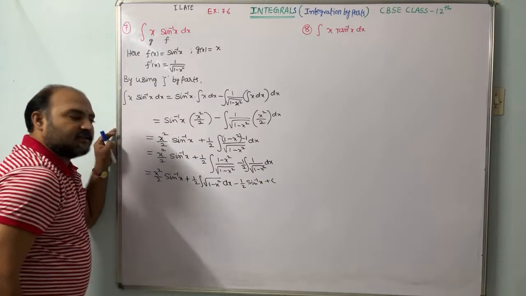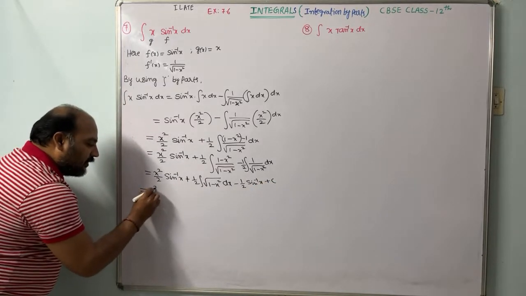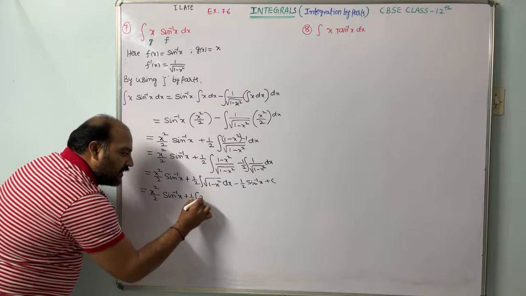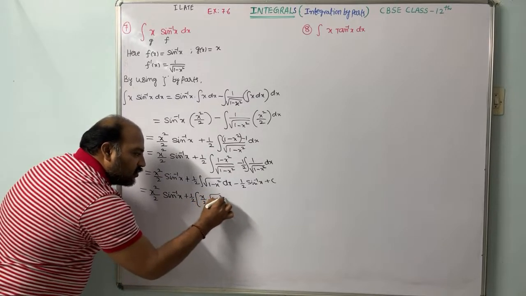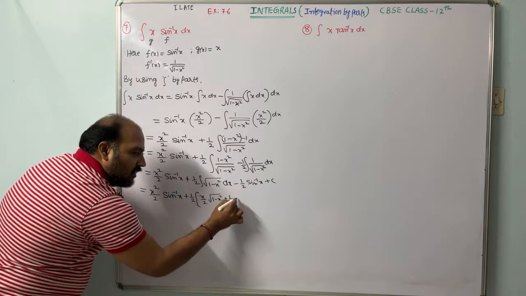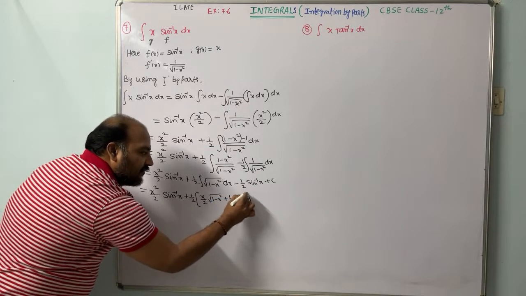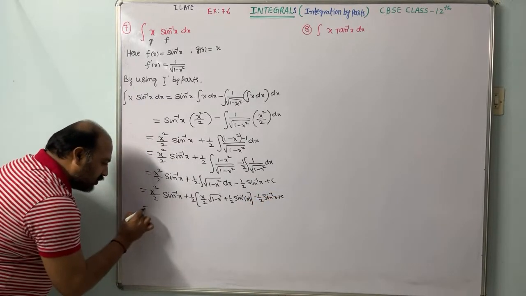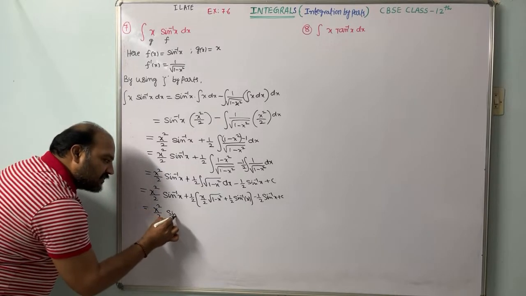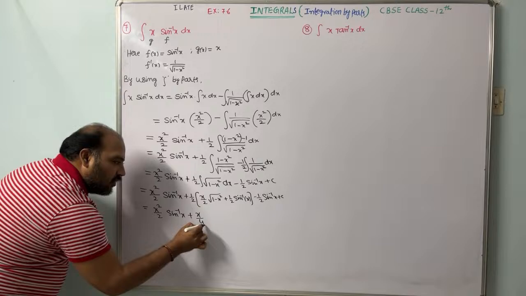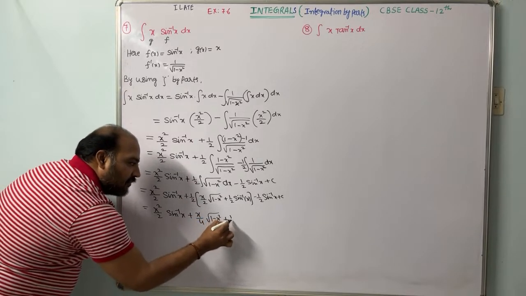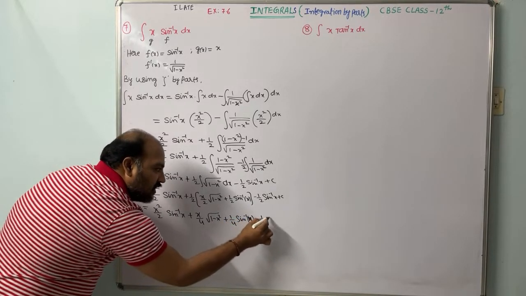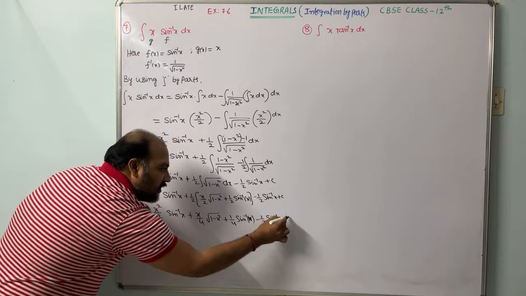We will simplify this: x square by 2 sine inverse x plus 1 by 2 into x by 2 root over 1 minus x square plus a square by 2, meaning 1 by 2 sine inverse x, minus 1 by 2 sine inverse x plus c. So this equals x square by 2 sine inverse x plus x by 4 into root over 1 minus x square plus 1 by 4 into sine inverse x minus 1 by 2 sine inverse x plus c.